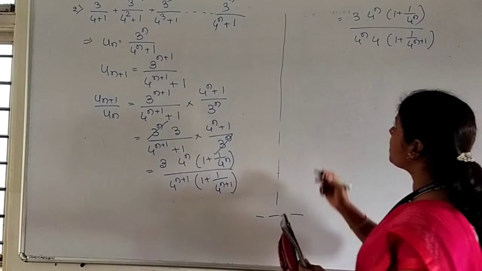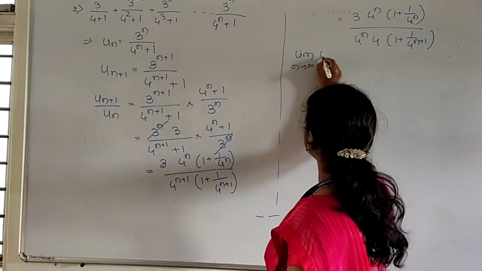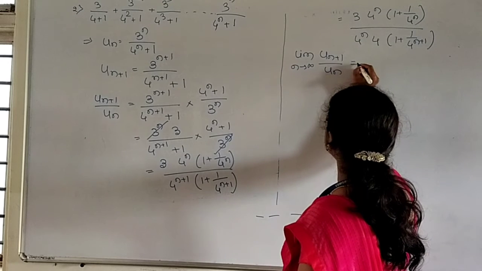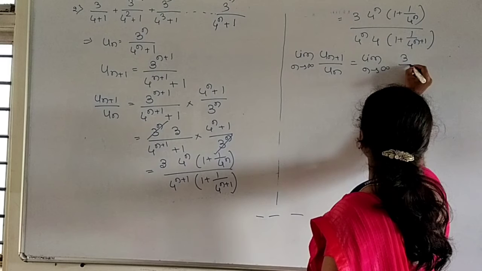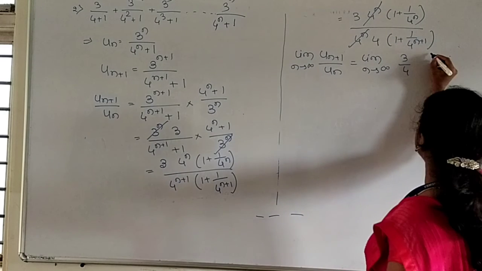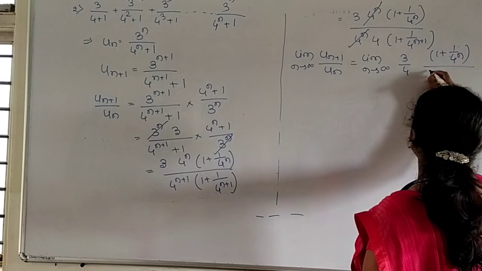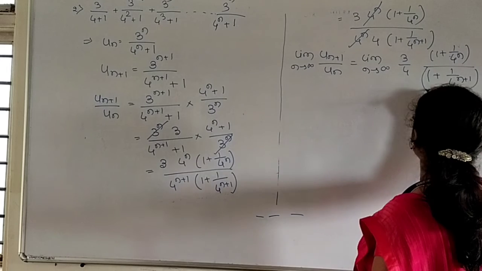After that you have to apply the limit on both sides as n tends to infinity. u(n+1) divided by u(n) is equal to limit as n tends to infinity 3 by 4, 4 raised to n, 4 raised to n get cancelled and this becomes 1 plus 1 by 4 raised to n divided by 1 plus 1 by 4 raised to n plus 1.